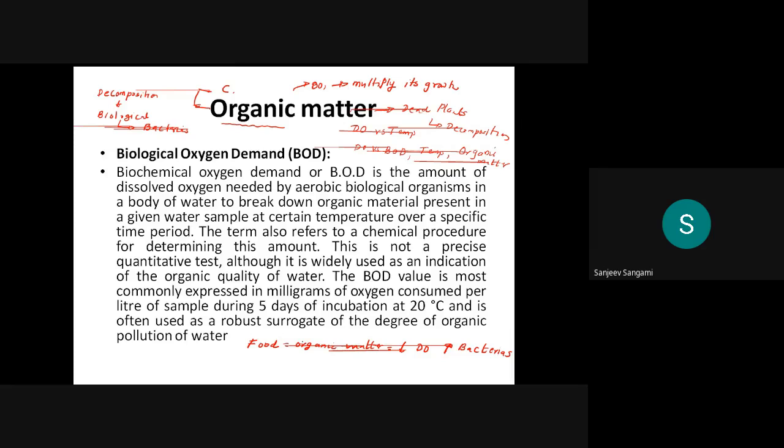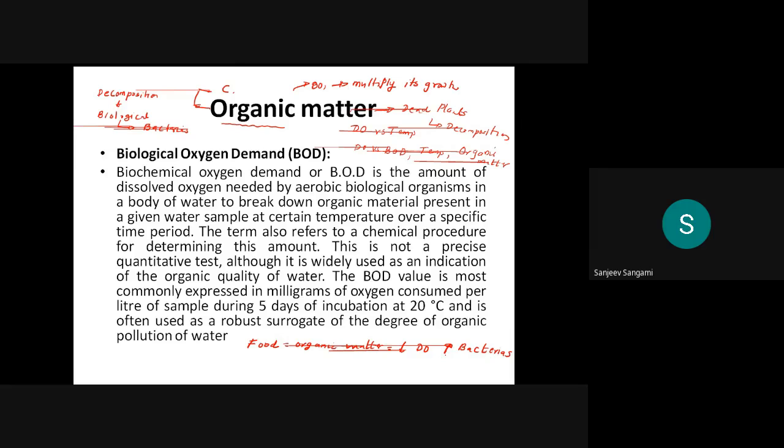It means that if more organic matter is there, there will be a decrease in the dissolved oxygen and an increase in bacteria. We don't know what kind of bacteria they are, whether beneficial or non-beneficial. In a water body, most of them are non-beneficial only. If you take 100% bacteria, 99% are non-beneficial and maybe 1% are beneficial to human beings.